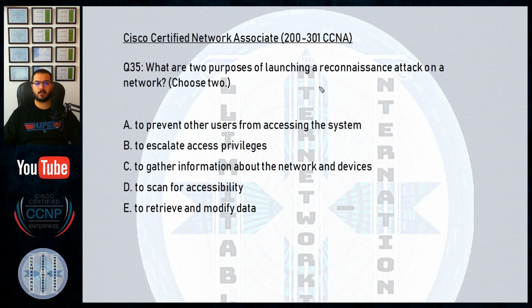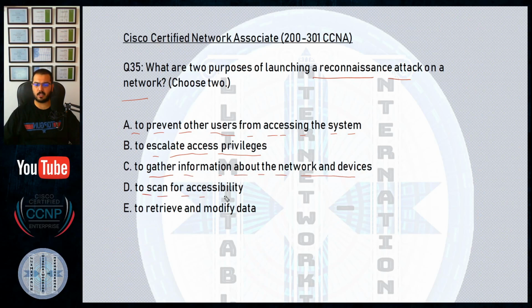35. What are two purposes of launching a reconnaissance attack on a network? This is a wireless security question, so let's see if we can make something here. To prevent other users from accessing the system, maybe. To escalate access privileges, no. To gather information about the network and devices, maybe.